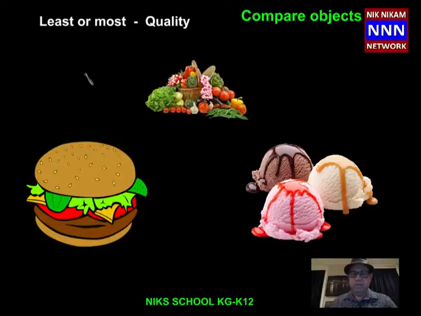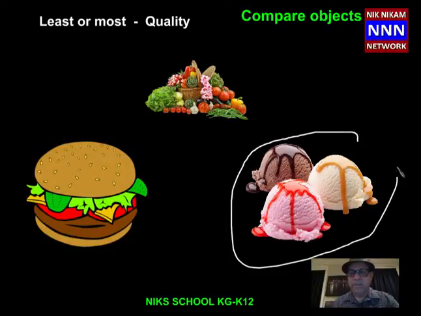Now here we have a choice of hamburger, all vegetables, or ice cream. Which one do you like most? What? Did you say ice cream? I knew you were going to say ice cream. Let us circle this. That is, you like the ice cream the most.